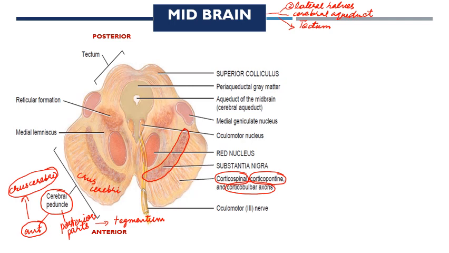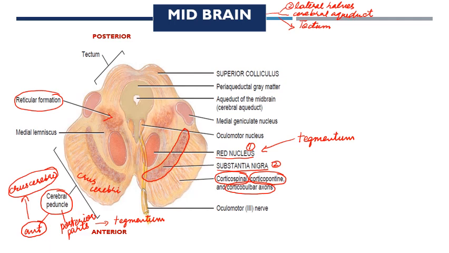It separates crus cerebri from the tegmentum. The tegmentum of midbrain is composed of three important parts. Number one, red nucleus. Number two, substantia nigra. Number three, reticular nuclei.